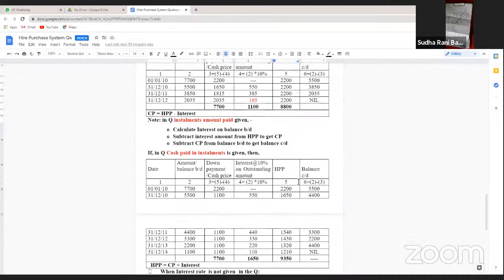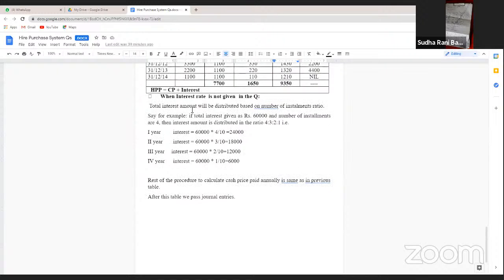Rate of interest is not given. See here, when interest rate is not given in the question, what do we do? Say for example, take the same question. Okay, I'll show you here itself. Same question, 7,700.